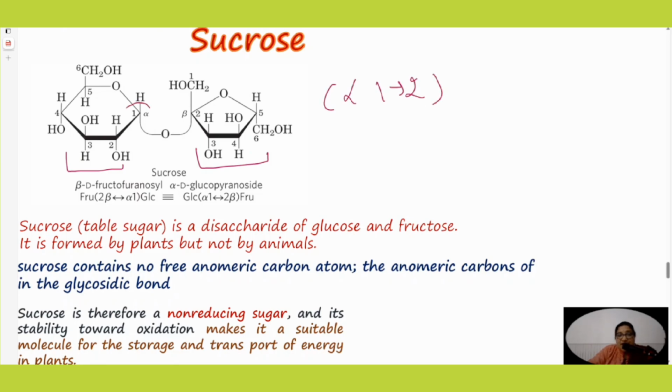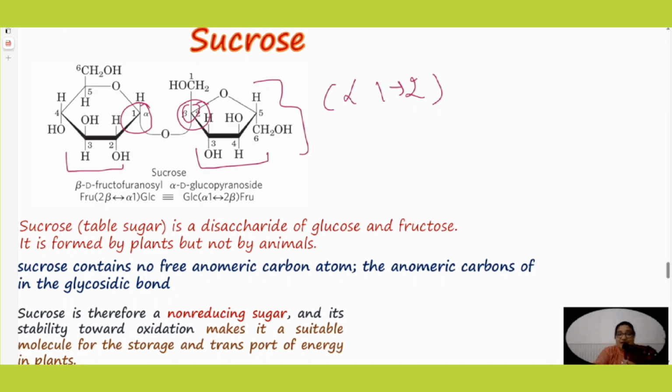Here you can see carbon atom number 1 of the glucose and carbon atom number 2 of the fructose. When sucrose is formed, it contains no free anomeric carbon atom. Hence this is a non-reducing sugar.